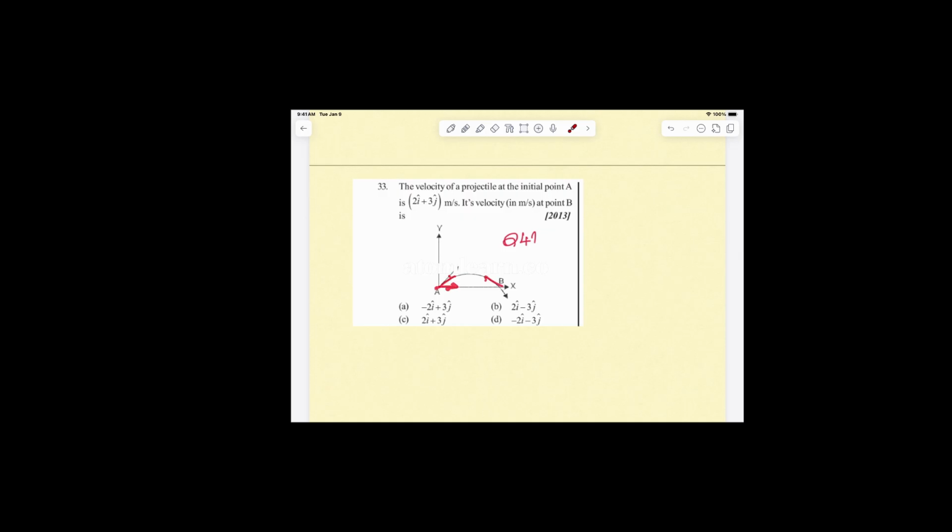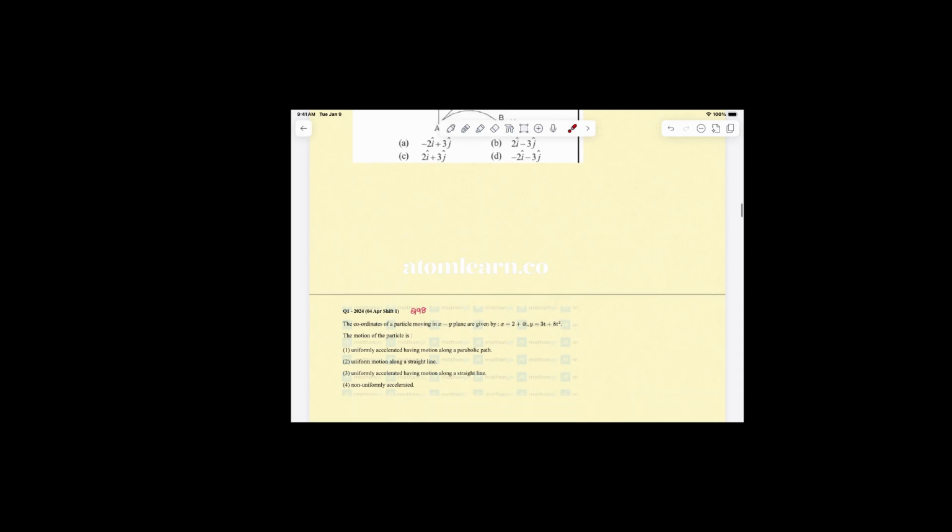Therefore, this 2i cap plus 3j cap is the initial value. 2 is ux and 3 is uy. Now at B the vertical component is downward, therefore minus 3j cap, and 2i cap will remain, as the horizontal velocity remains the same. Therefore 2i cap minus 3j cap is the answer. You have to tick. Good. Next question.